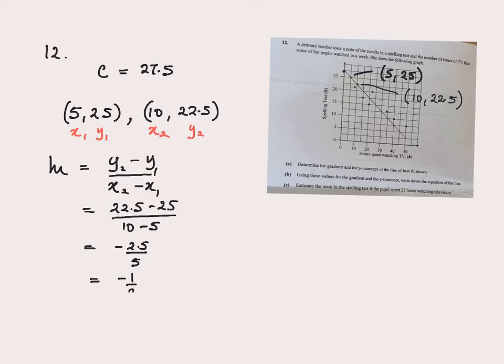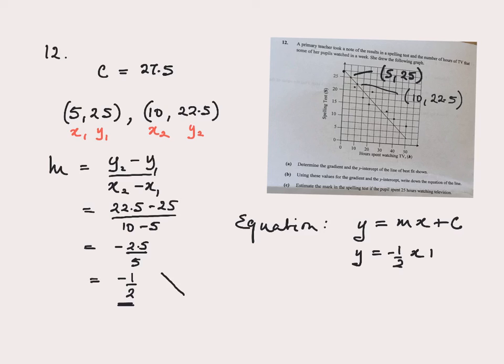It shouldn't surprise us that the line is a negative gradient because it's sloping from top left to bottom right like that. The equation of the line then, well, we can use the formula y equals mx plus c. Now we know that the gradient is minus 1/2. And we said at the very outset that the line cuts the y-axis at 27.5.